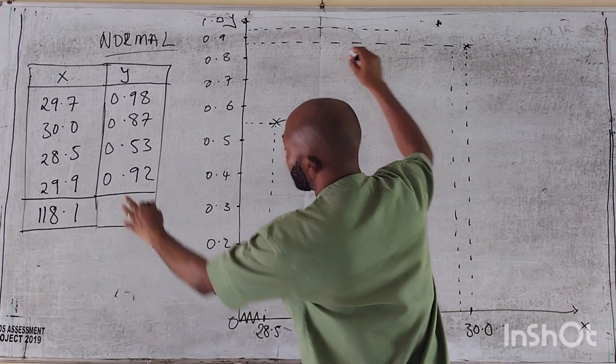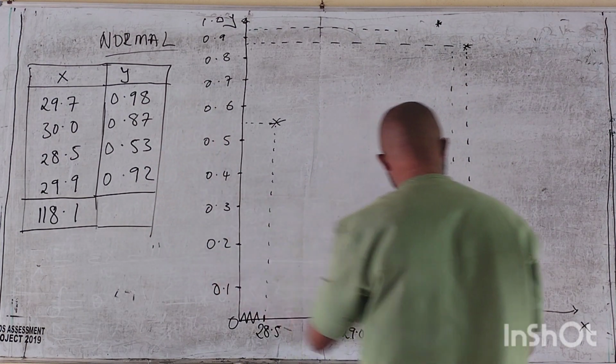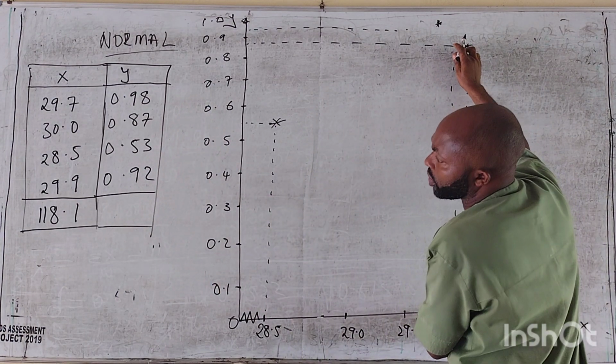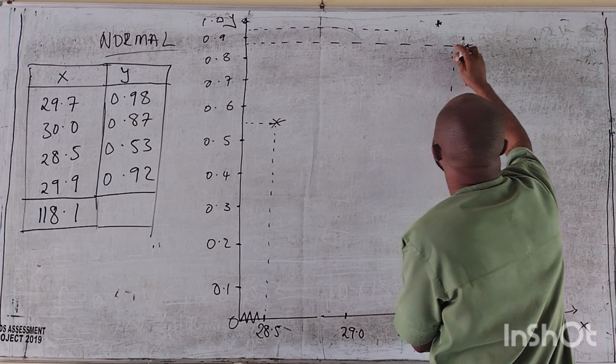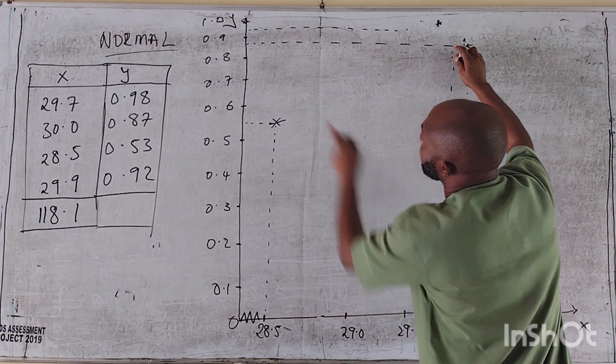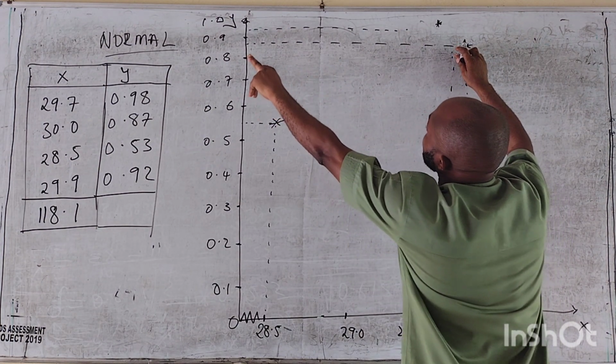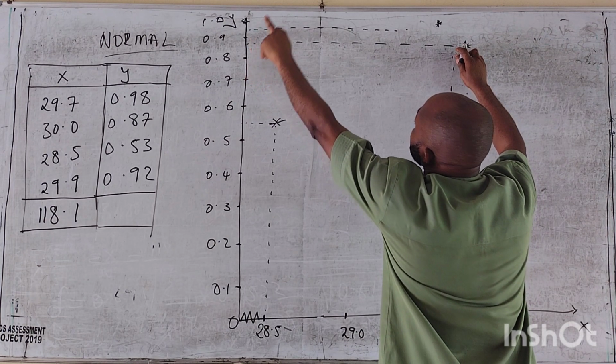Okay, 29.9, I got it. 29.9 is here to 0.92. Oh, that's above 0.92, somewhere here.